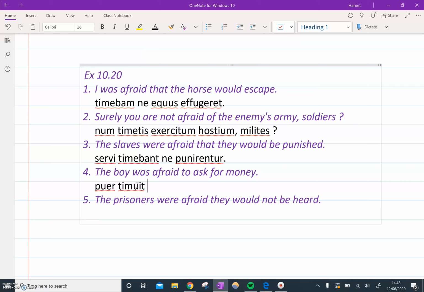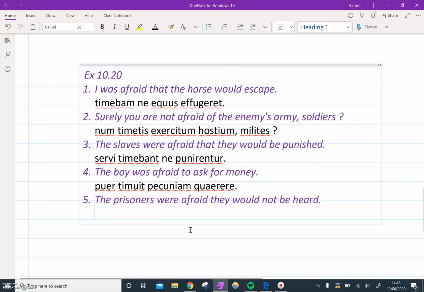He's just afraid to ask for money. So we'll save the infinitive until the end. So the boy was afraid money, pecūniam, to ask for. So we could use rogāre. We could use postulāre, to demand. We could use quaerere, quite like that one actually, let's go for that one, to seek.